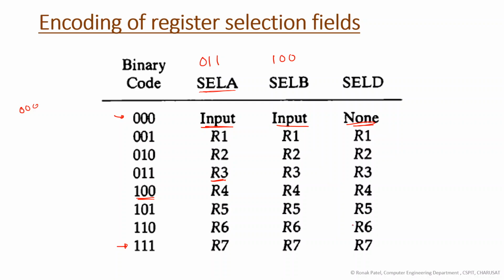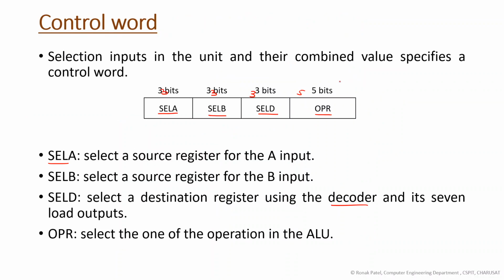And the result you want to store into R6, then the select D must be 110. Okay. So this is the selection field for cell A, cell B, and cell D. So from the control word, now we know how to put these values.